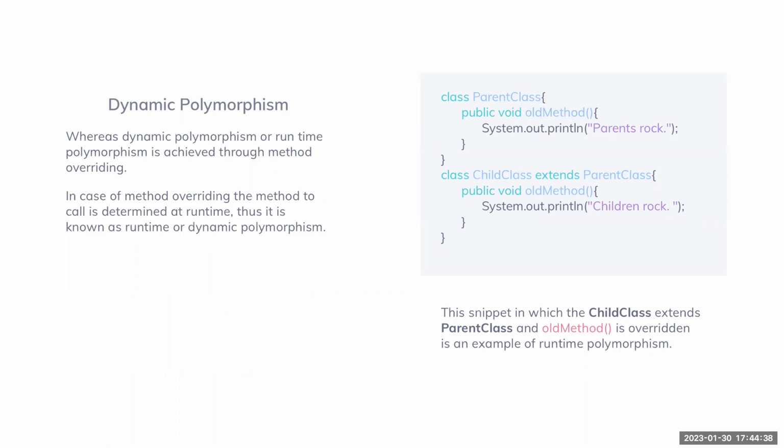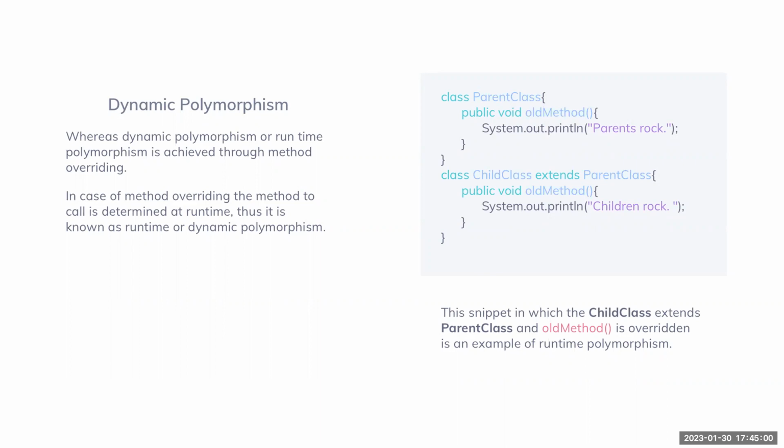If you want the parent class method, we have to pass the reference of the parent object. So you decide when you're creating the object, at runtime.